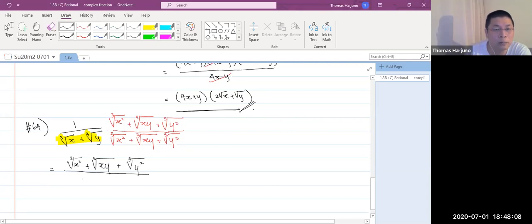While at the bottom, as we expected, it becomes a sum of cubes. So finally, after doing some cosmetic simplifying work, I get cube root of x squared plus cube root of xy plus cube root of y squared over x plus y.